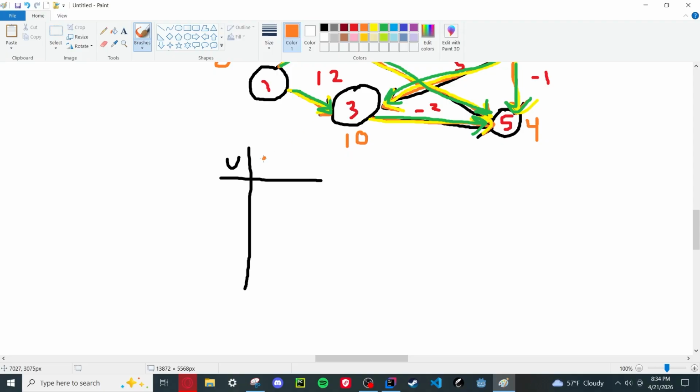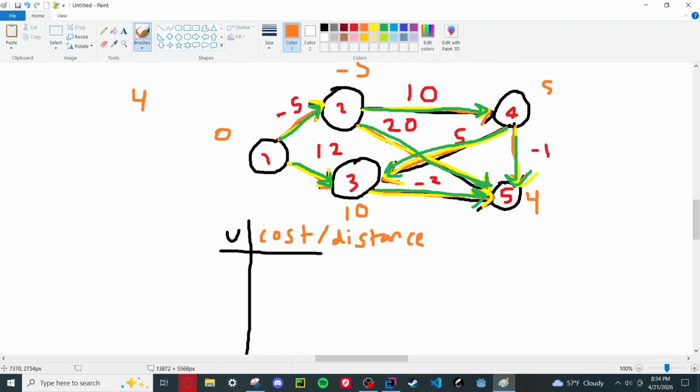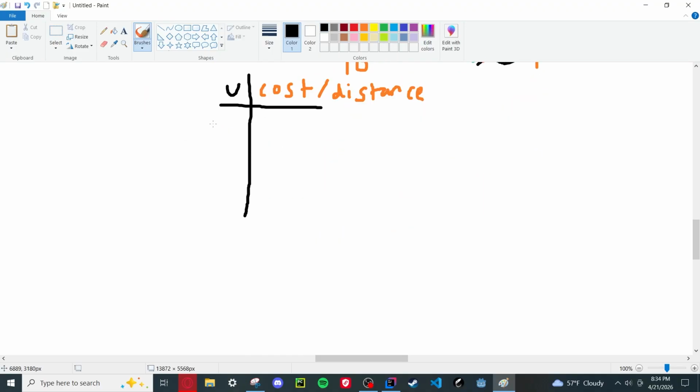V, this is the cost, or the distance. So for this particular graph, from 1, 2, 3, 4, 5: from 1 to 1, from 1 to 2, from 1 to 3, from 1 to 4, and then lastly from 1 to 5.